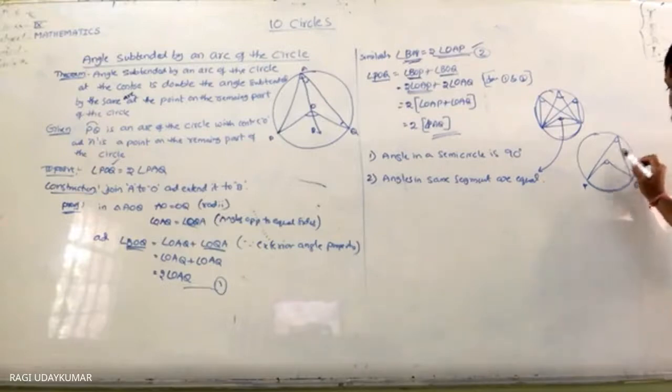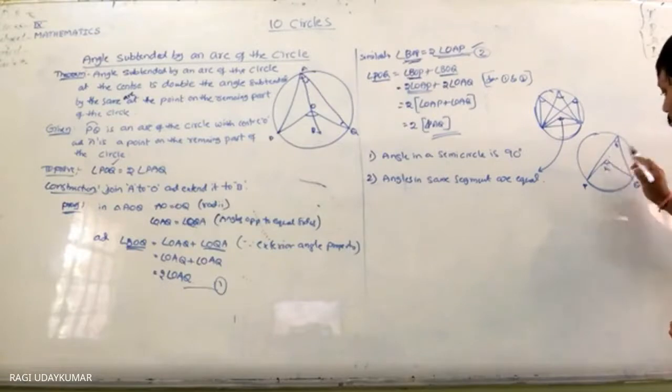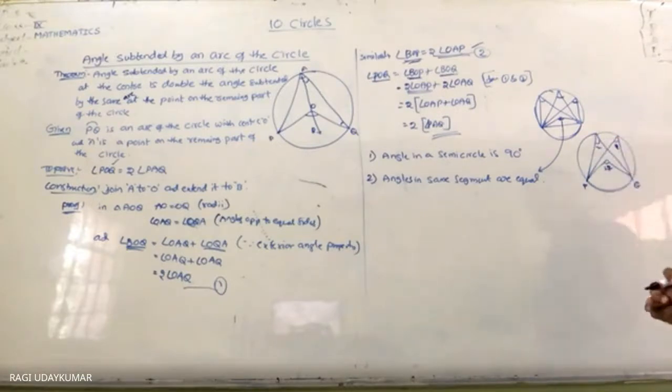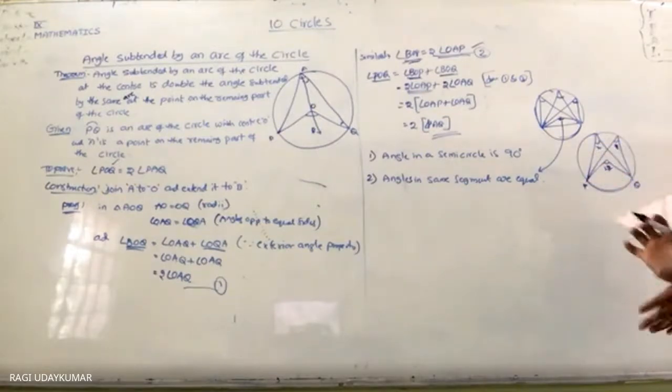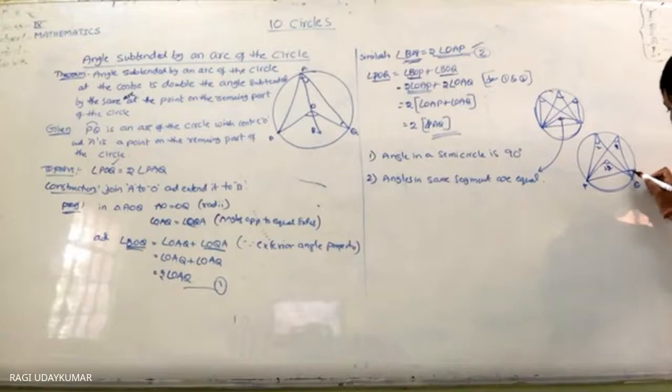That is nothing but, suppose you consider this as 2 theta, then this will be equal to 2x, consider कर लो if you get confused. ये 2x बोले तो ये x होगा, ये 2x बोले तो ये भी x होगा. Is it? Anywhere else, point anywhere you take into consideration. Not only there, here also you take into consideration. So here to here, like this angle you get. Suppose here if you get like this, the angle also will be equal to x.